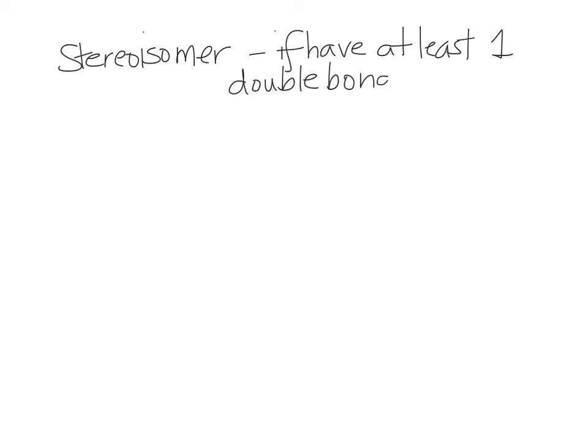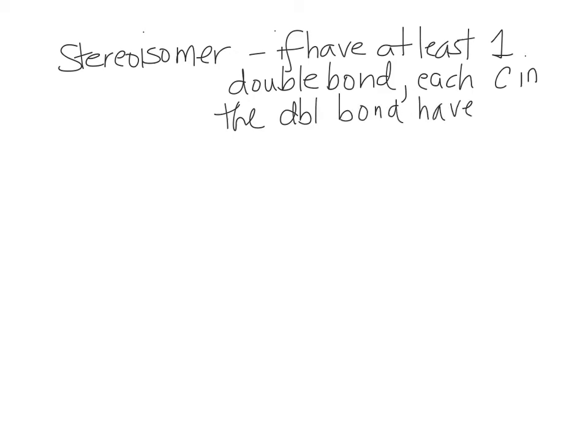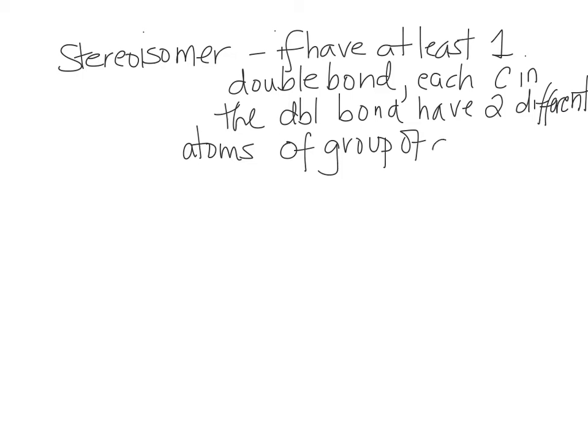So these are if you've got a double bond between 2 carbons and each carbon in the double bond has 2 different atoms or a group of atoms attached.